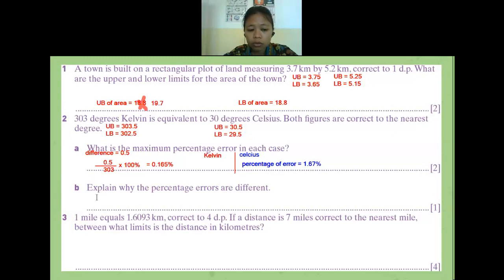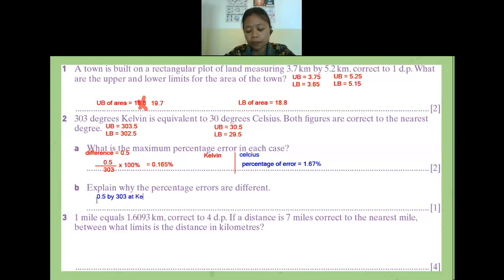Teacher, I said it's because there is a formula that differentiates the two numbers. Yes, there is a formula, and that formula cannot be changed. Because at Kelvin it will be 0.5 by 303, the difference is constant.